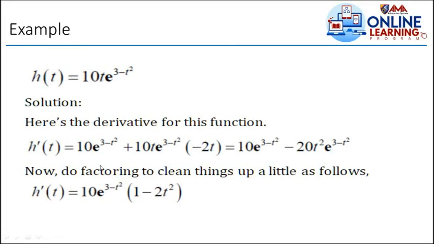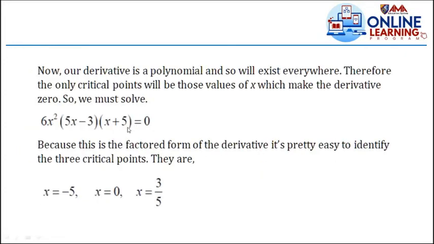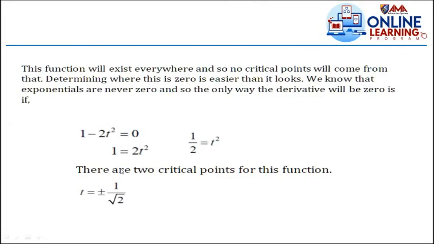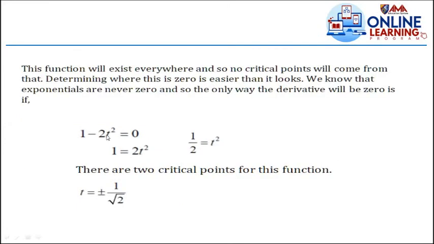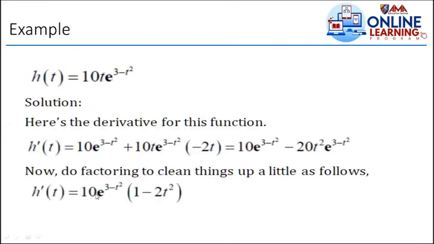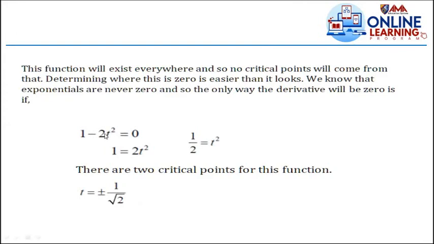The e raised to 3 minus t squared is never 0, so the value that can be 0 is 1 minus 2t squared. So 1 minus 2t squared is equal to 0.